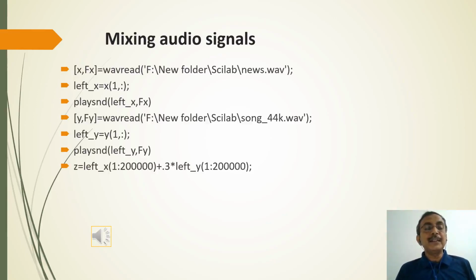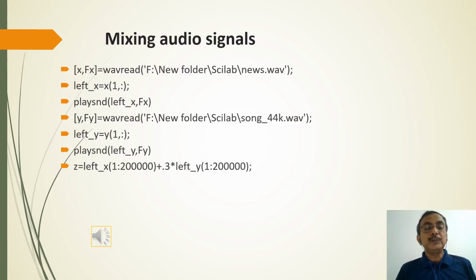It is important that the sampling frequency fx and fy must be exactly the same. If they are not the same, then the mixing will not be proper. The multiplication factor 0.3 shown over here gives the weighting factor. If you want to emphasize the song, then you can put a multiplication factor which is greater than 1.